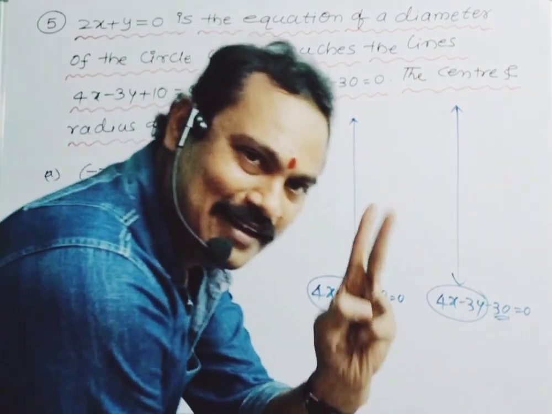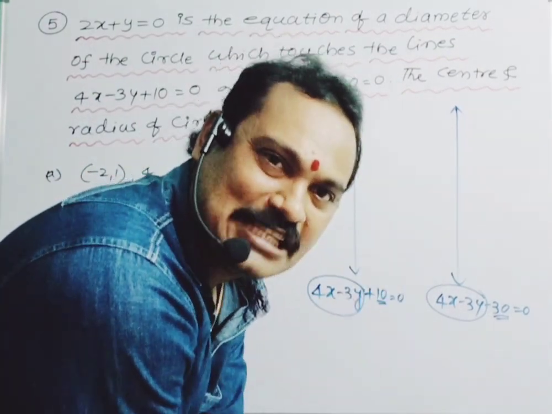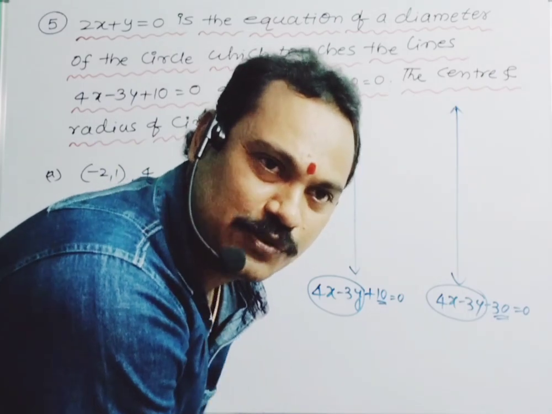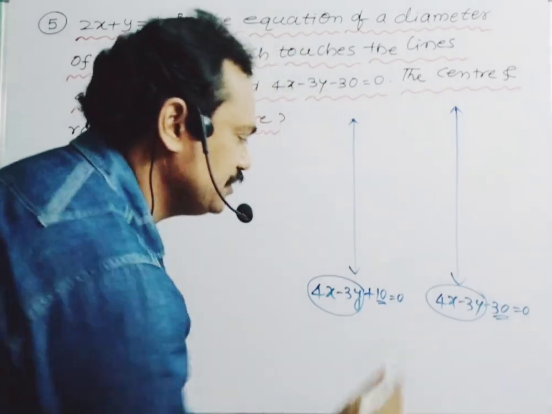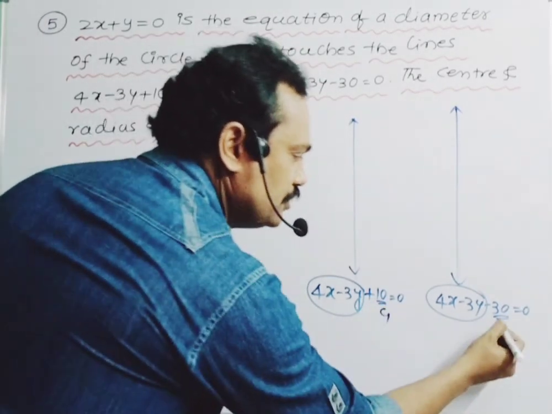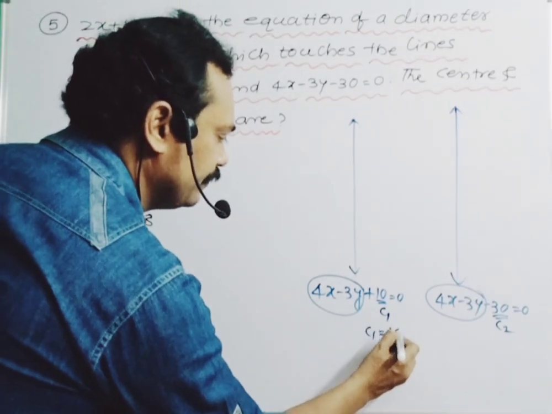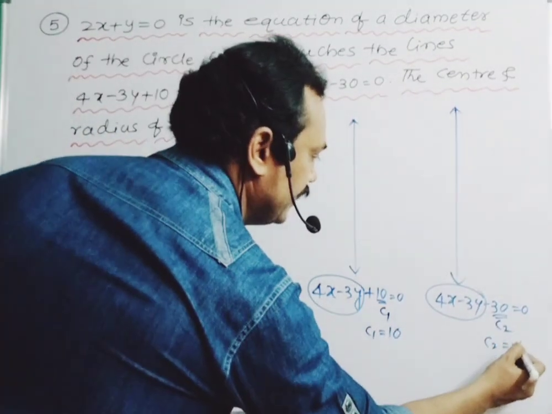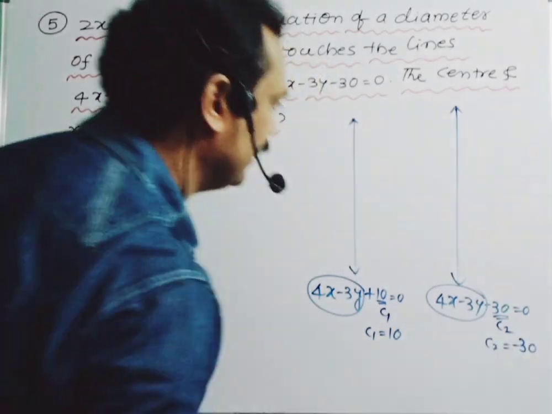Two parallel lines differ by a constant. They are in the form ax plus by plus c1 equals 0, ax plus by plus c2 equals 0. Here c1 is 10, c2 is minus 30. Is it clear? These are two parallel lines.